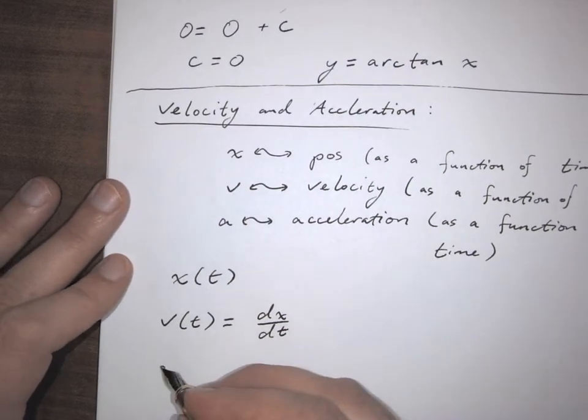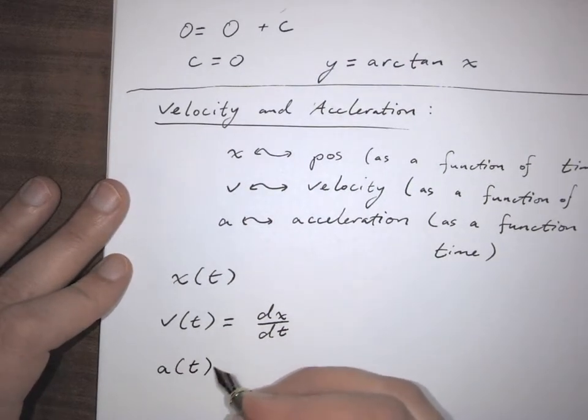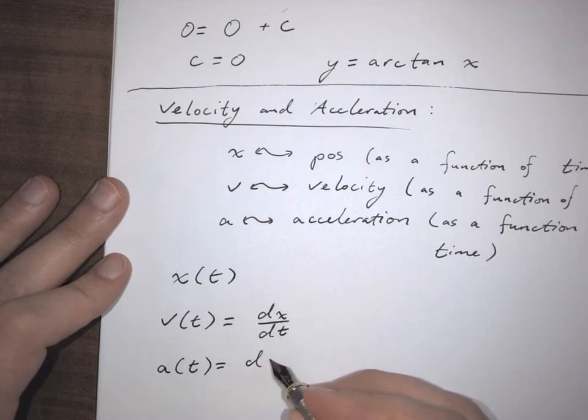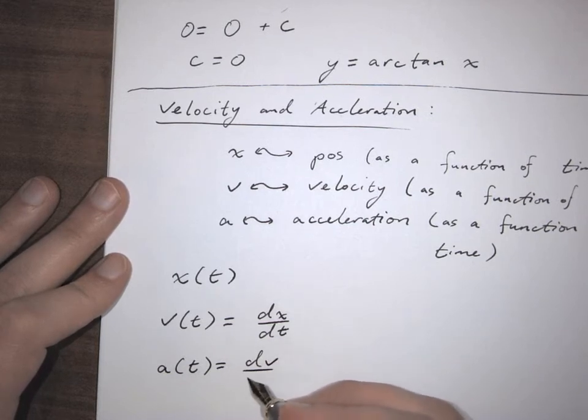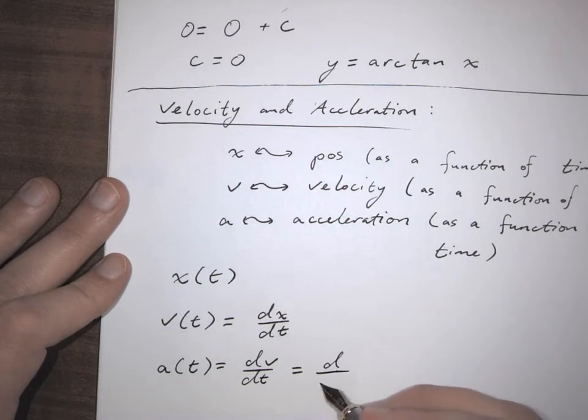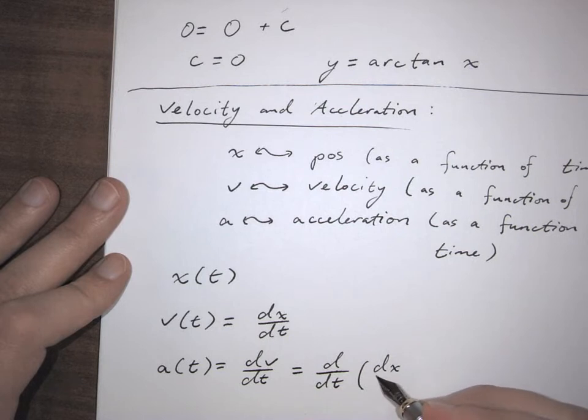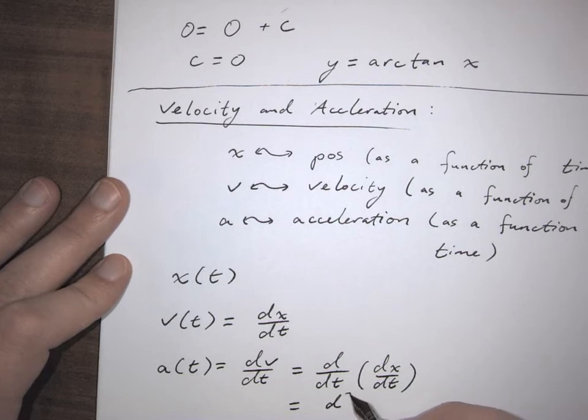But then the acceleration is how fast the velocity is changing. So that's going to be dv dt, which is in other words the same thing as the derivative with respect to time of dx dt, which, if we write it in the typical Leibniz notation for a higher derivative, is going to be d squared x over dt squared.